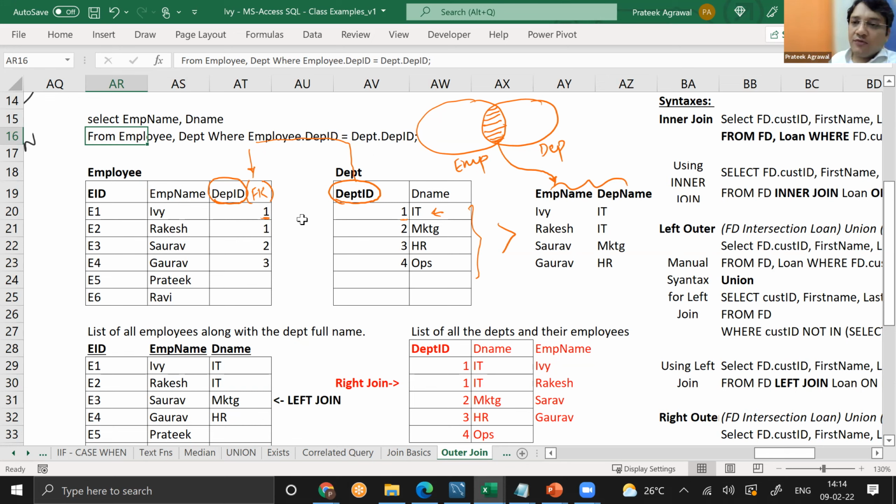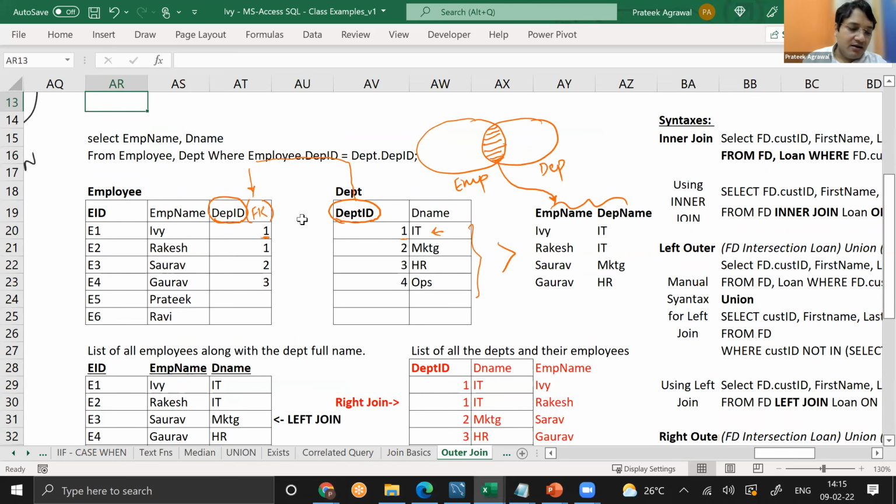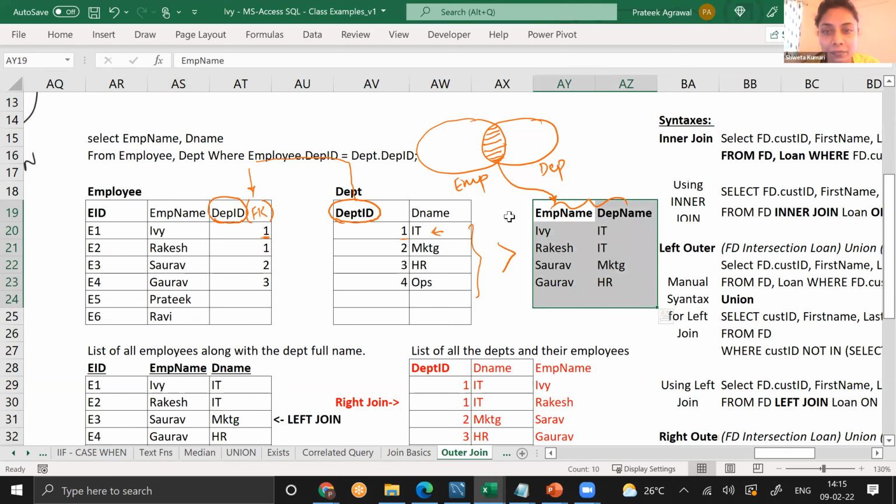See here, if you notice, we need column information from two different tables, employee name from the employee table and department name from the department table, in one output. So in this case, there is no other way. Okay, understood.